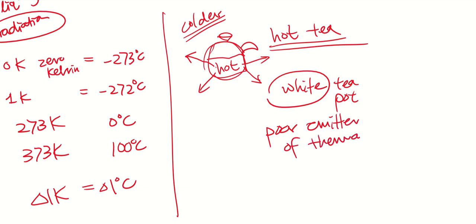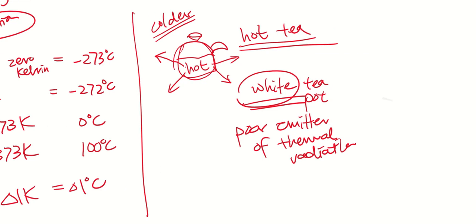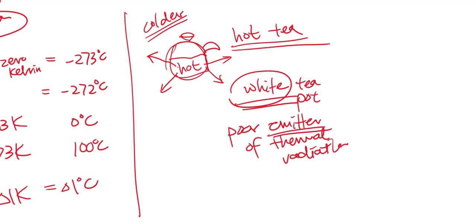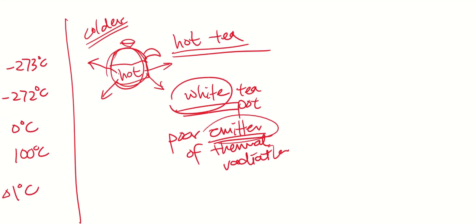When I ask you what color teapot I should use, you should reply white, but when you explain, you can only include because white is a poor emitter. You have to answer according to the context. It will not absorb from the colder surrounding, rather it will emit thermal energy to the surrounding.